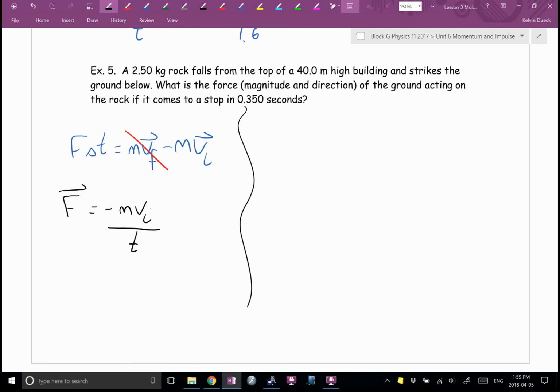Any thoughts, folks? Colby. VF equals VI plus AT. Don't write this down. How would that help?